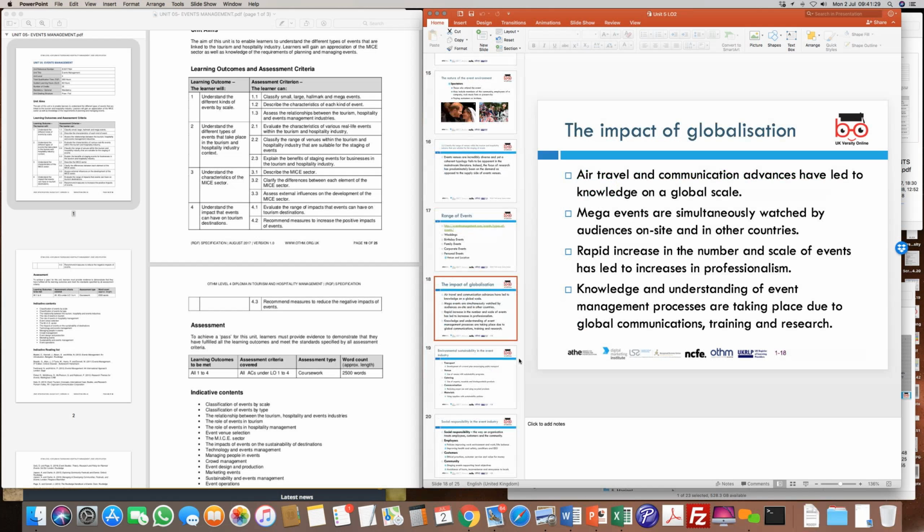We'll look at a bit of understanding in terms of the impact of globalization on events. How is, in general, the connected world having an effect on the events industry? So here the idea would be that if you look at the last 20 years, or the last 30 years, air travel was available, but a lot of people could not afford to travel.